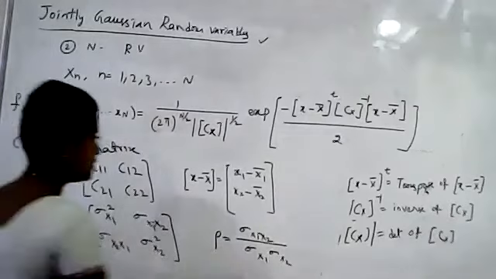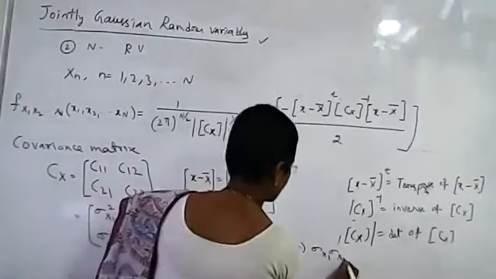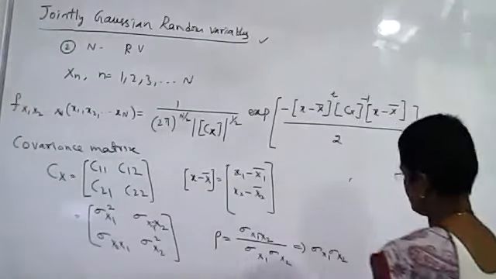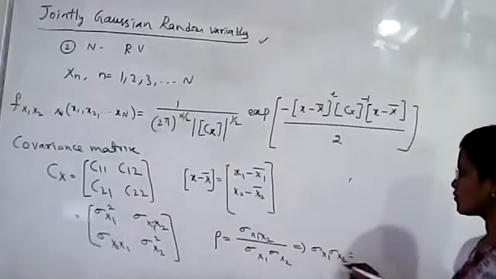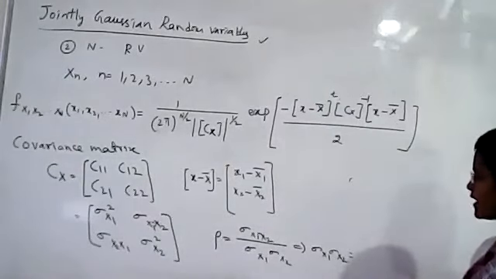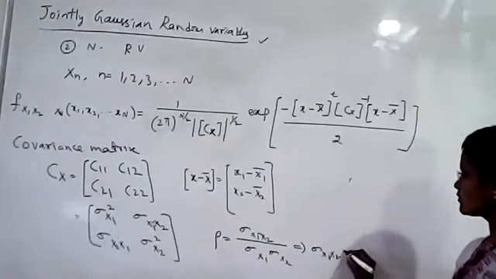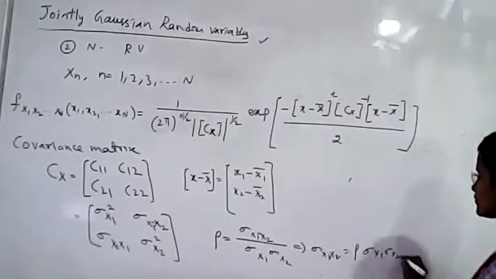From this formula, sigma x1x2 is equal to rho sigma x1 sigma x2.